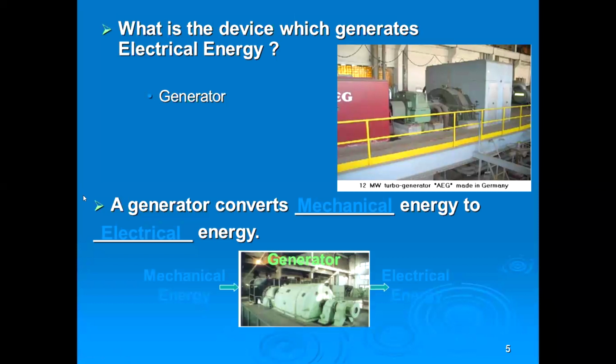Only one thing needs to be rotated, either the magnetic field or the conductor. Means one rotation is there. We require some relative speed between them.